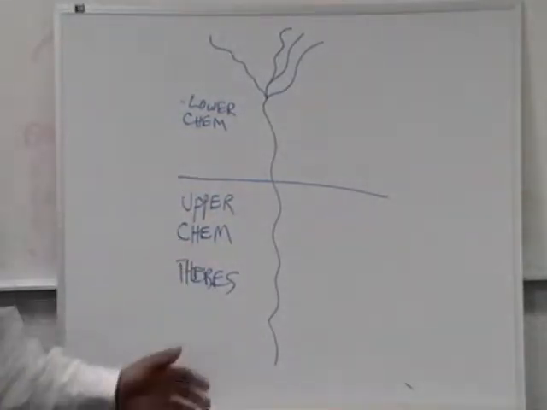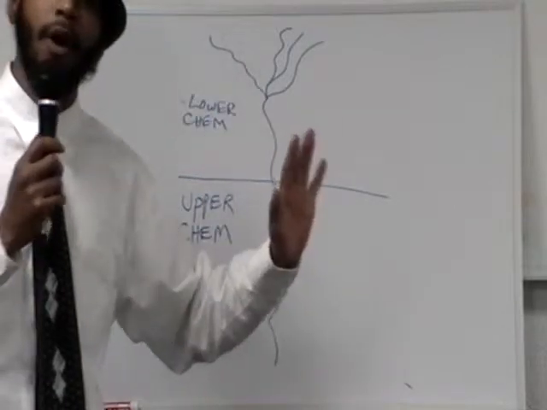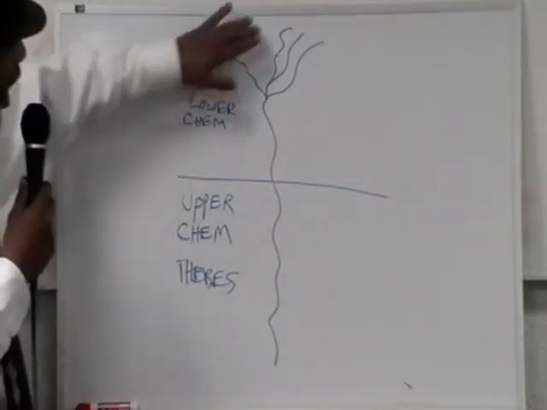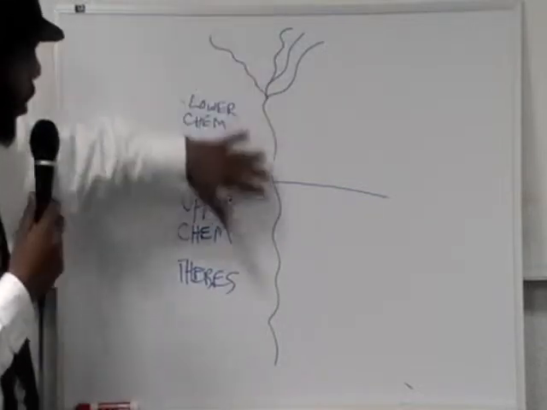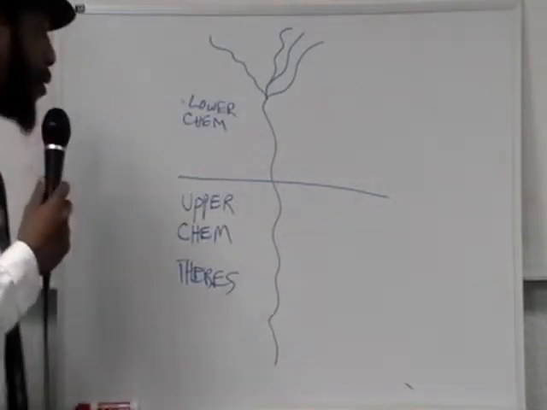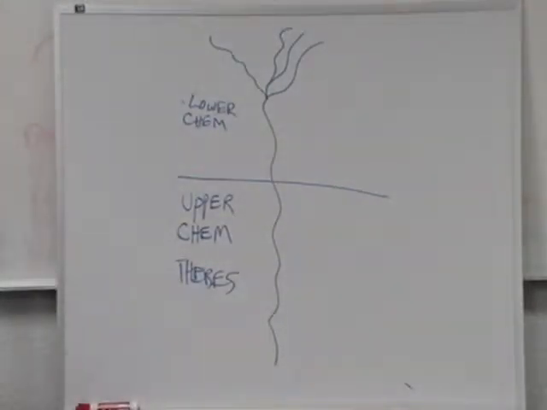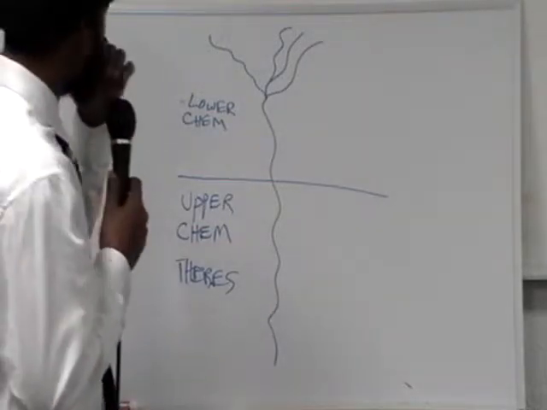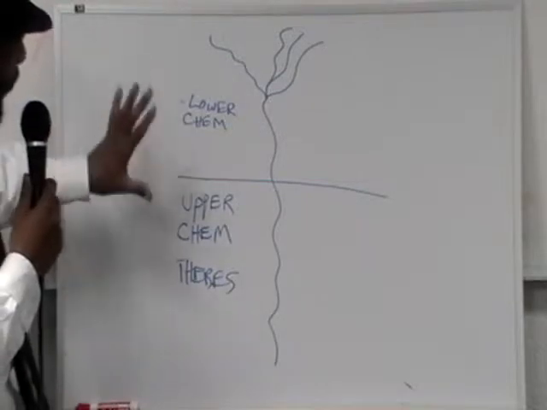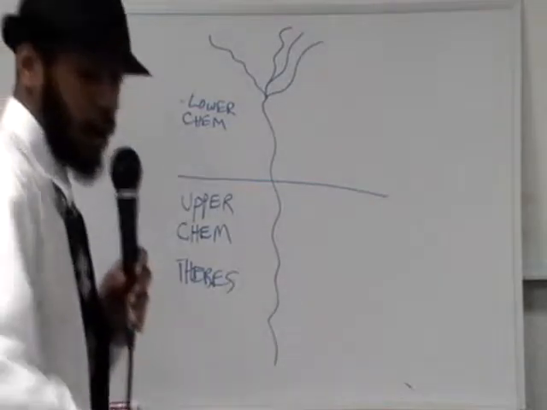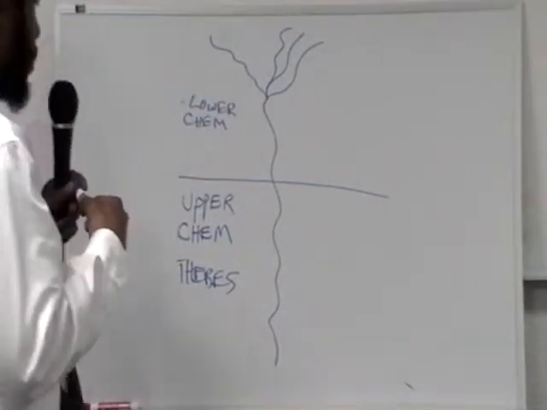Again, refer to the student handbook or any map of Egypt. This line right here represents the Nile Valley. I just did this to give a brief description of Upper and Lower Kim.